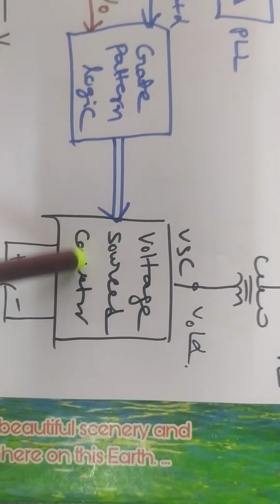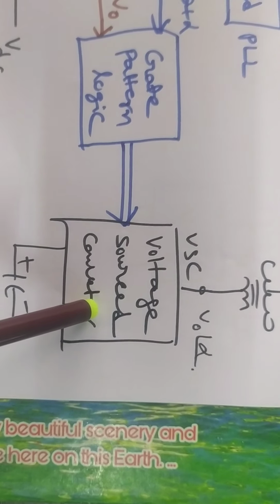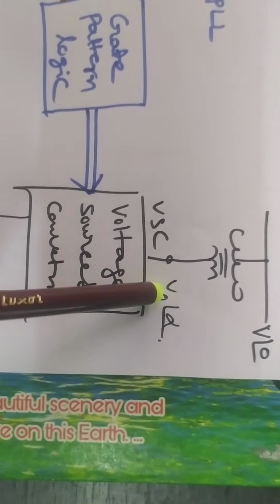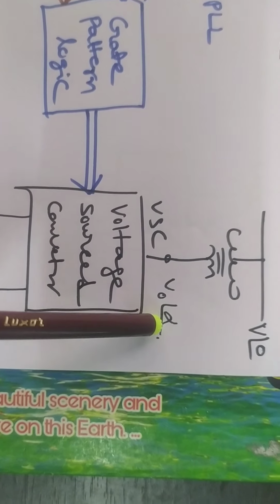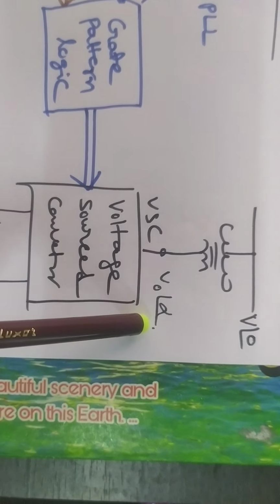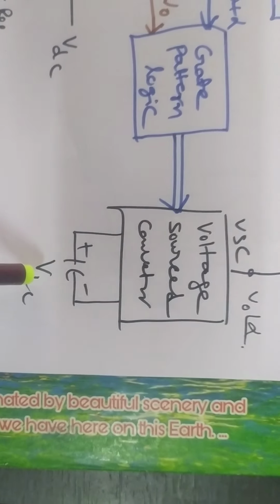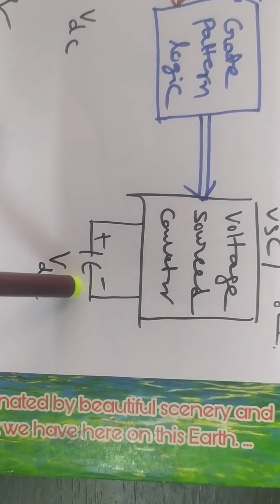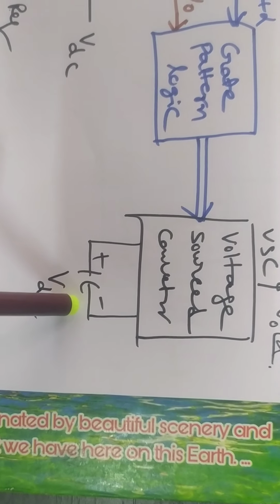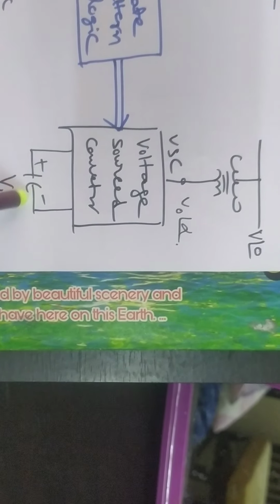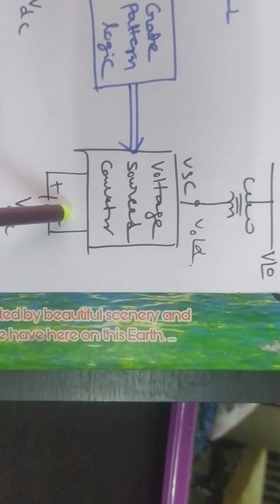This is the voltage source converter. Already I have shown, either it may be 2 level or 3 level. This is the AC output voltage of the VSC, V0, at an angle alpha. This is the DC voltage, VDC, across the capacitance of the STATCOM. This is the power circuit of your STATCOM.